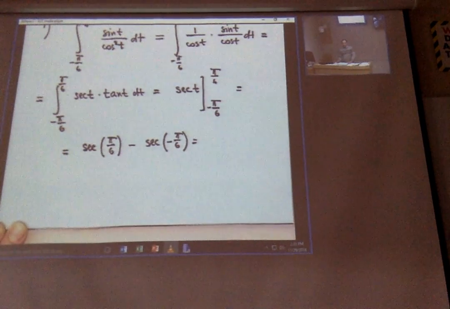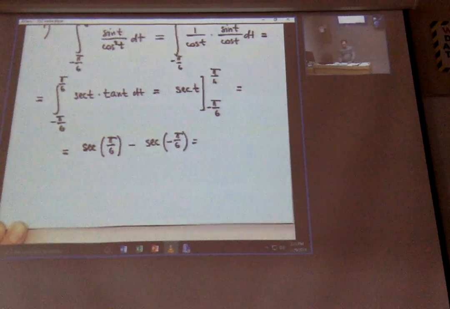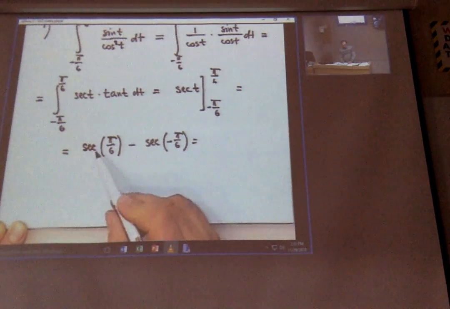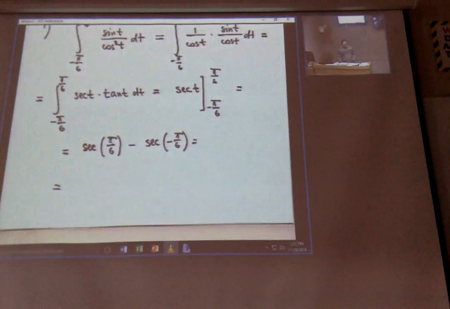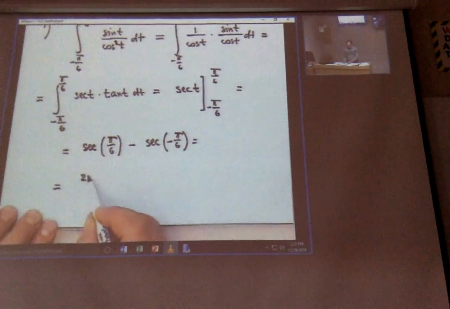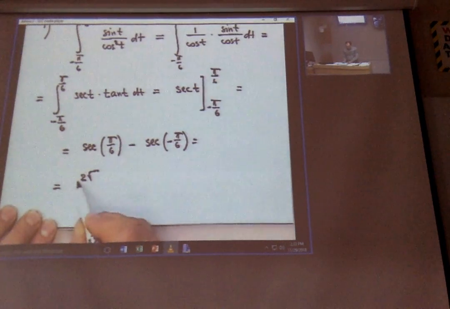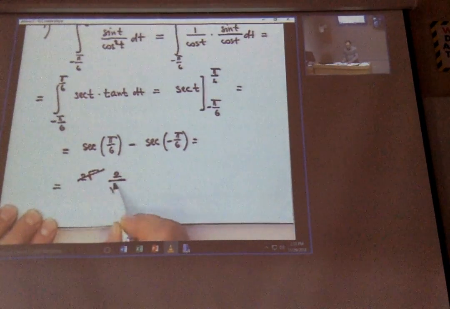No. So one more time. What is secant of pi over 6? So 2 over square root of 3? Right, I'm ahead of myself here.